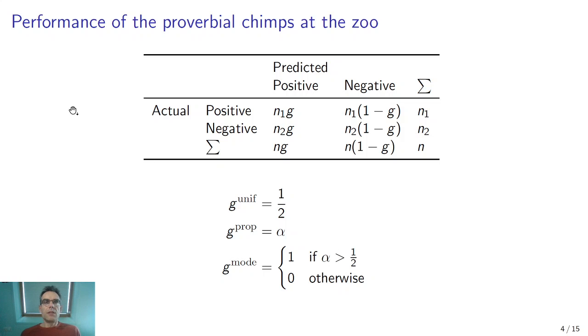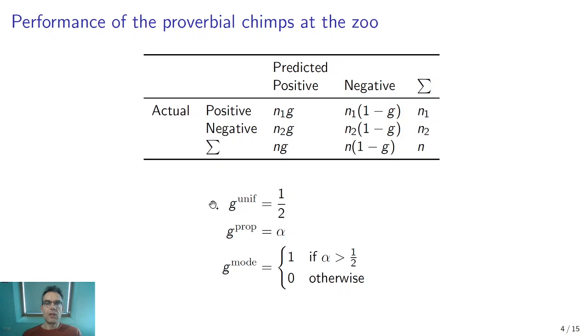If we then look at the confusion matrix for the proverbial chimps at the zoo, it would look like this. So we would randomly guess the positive class with the probability g. So a proportion 1 minus g of all these numbers will go into the negative class. And for g, we can specify a number of strategies.